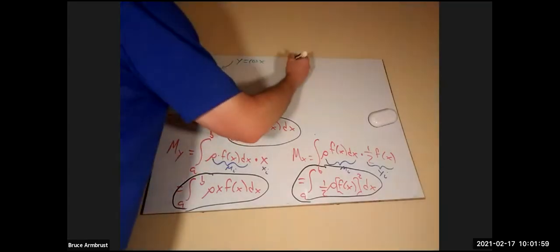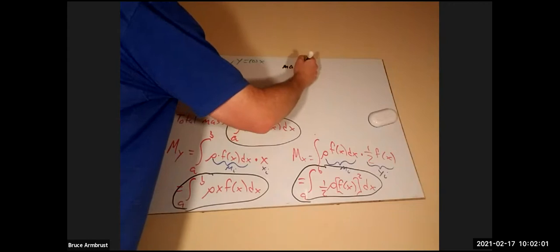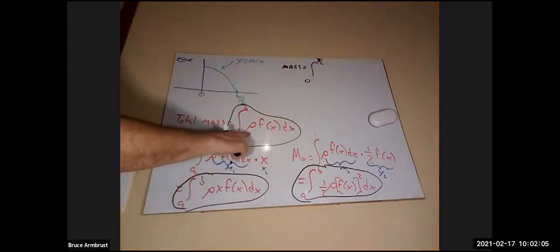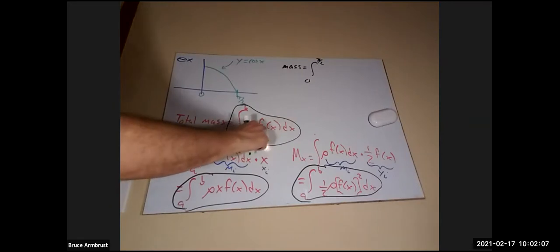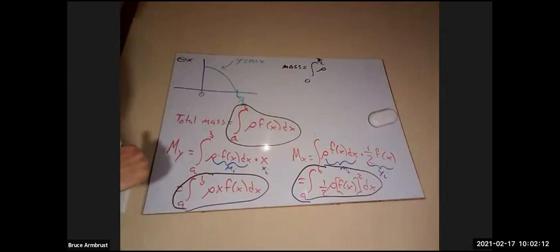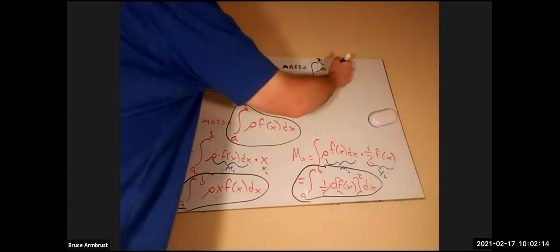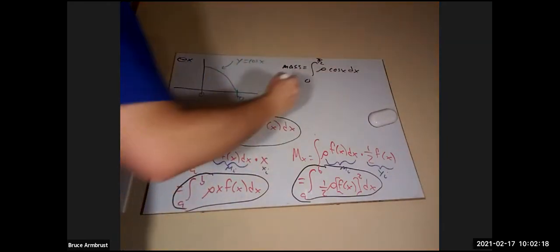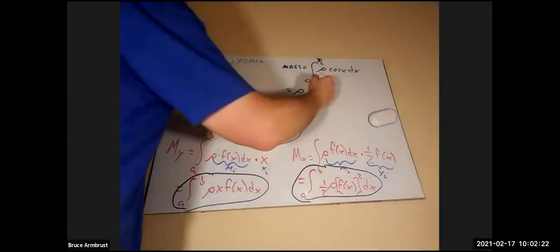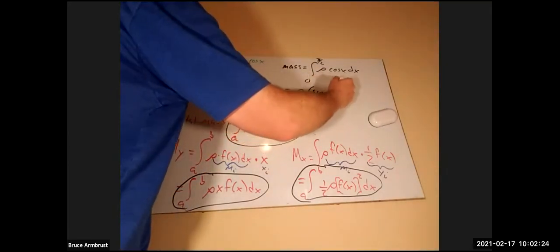Okay, so we'll start with mass. It'll be the integral from 0 to pi over 2. Let's look at what we need. We need density times f of x. Our density we'll just assume as a constant rho, and then our function is cosine. Since rho is constant, pull that out. We integrate cosine, we get sine.